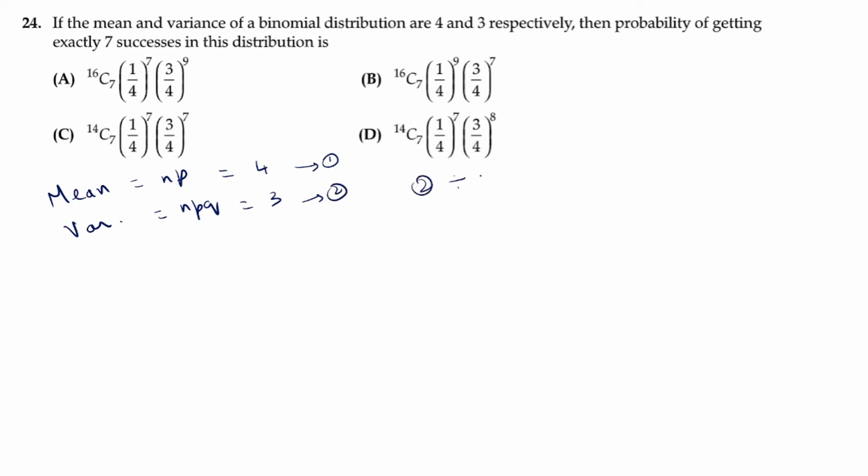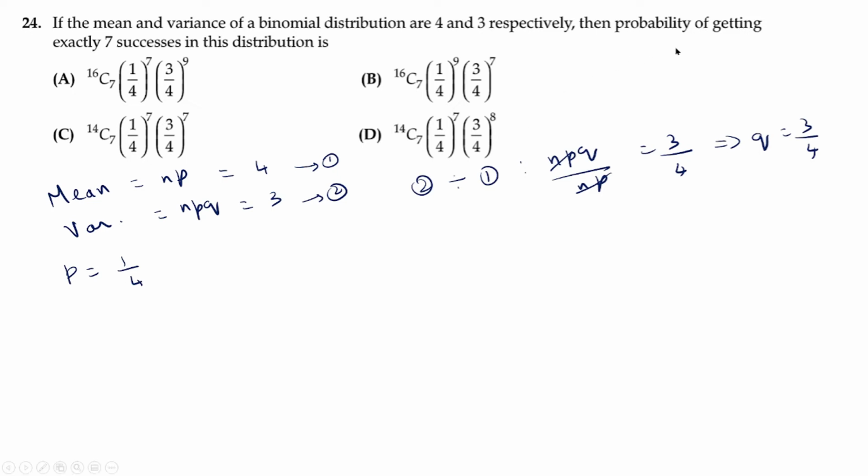So when we divide 2 by 1, we get npq upon np is equal to 3 by 4. So from this we get q is equal to 3 by 4. Now we know what is p. P is 1 minus q, so it is 1 by 4.